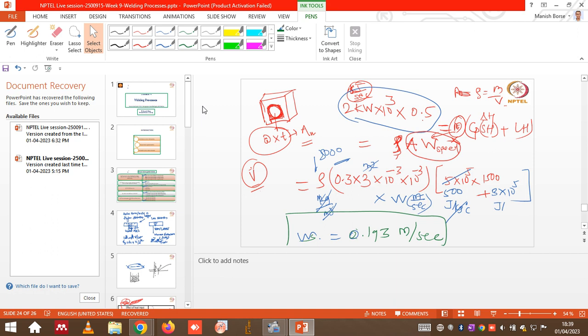Those phases melt in the heat affected zone, which will also cause liquefaction cracking. So we can discuss those things again in more detail in the last live session.